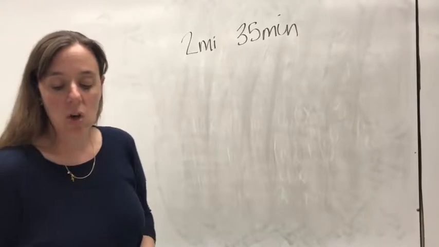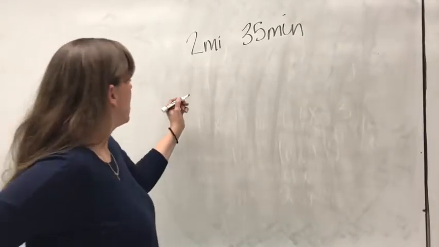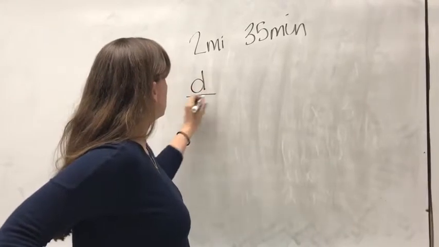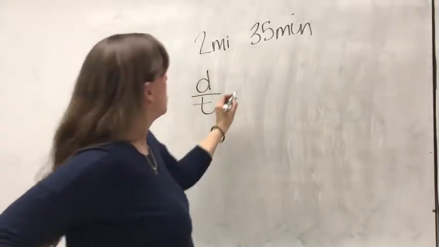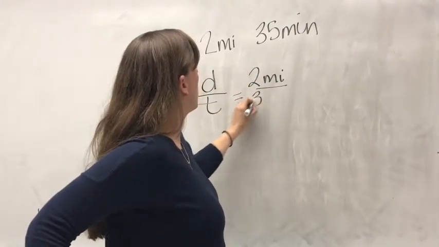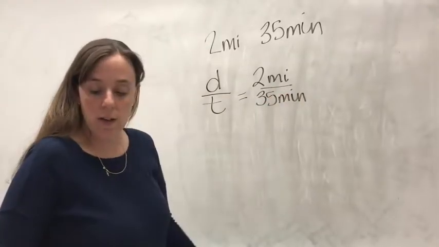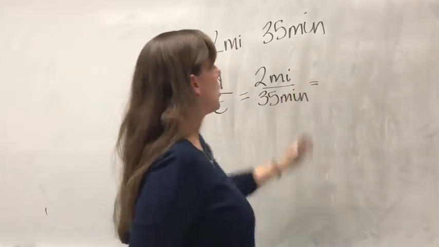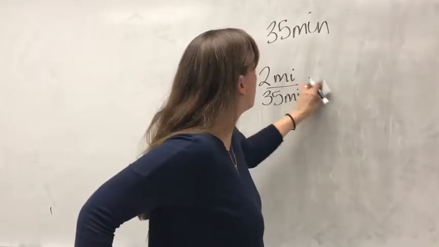All right, so if we want to find our average walking speed, it's going to be distance over time. So that would be 2 miles over 35 minutes. And we're going to use, excuse me, that's not an equal sign.